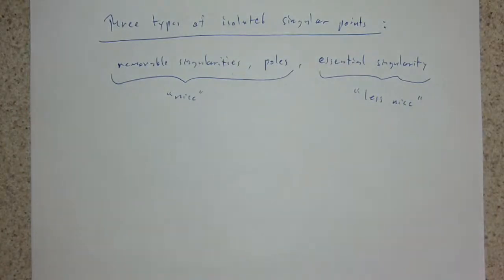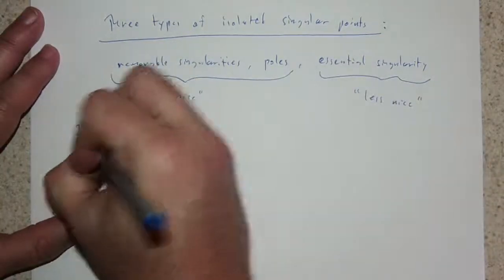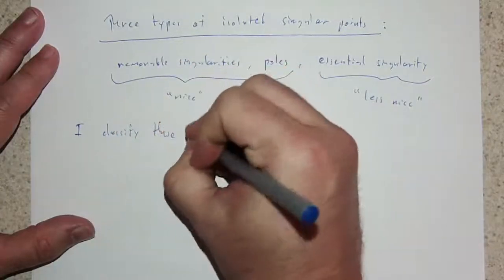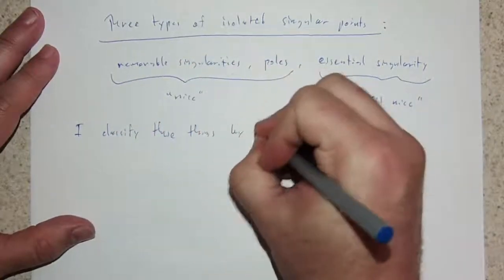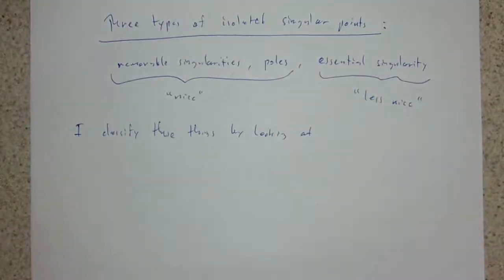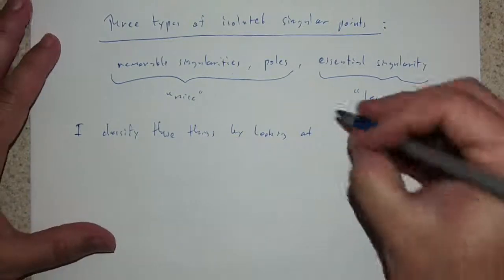But in order to actually discuss any of these, I need to characterize them in terms of what the Laurent series looks like for f near such a point. So how do I classify these? I classify these things by looking at the Laurent series expansion on the punctured disk in question.